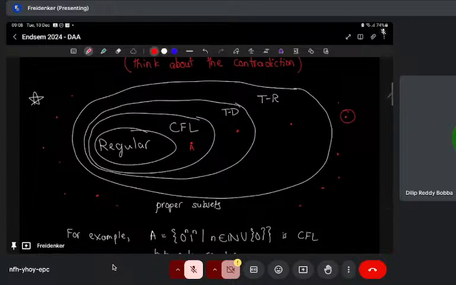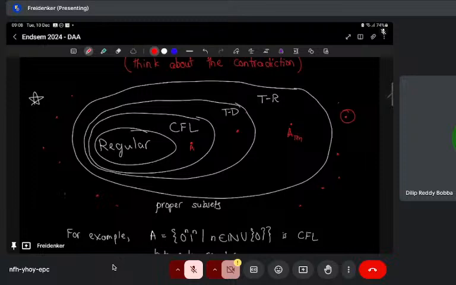Where is ATM? I know that ATM is Turing recognizable, but it is not Turing decidable, right? So that would make ATM go here. And what was ADM? Not ADM, ADFA. ADFA was Turing decidable, but we didn't check if it is context free or not.